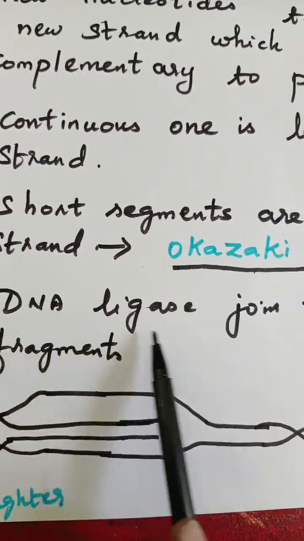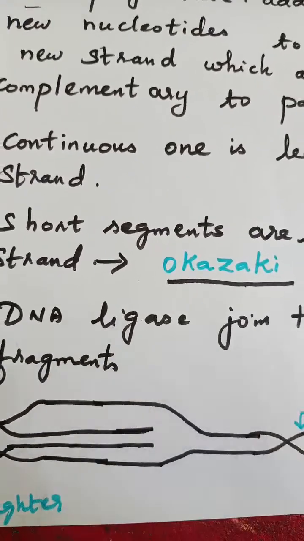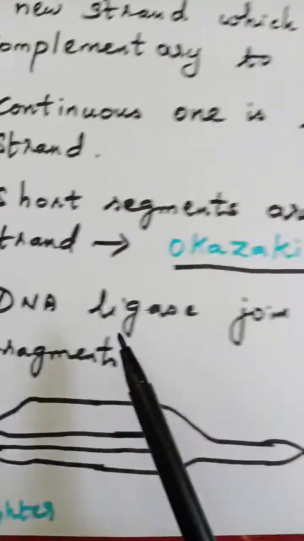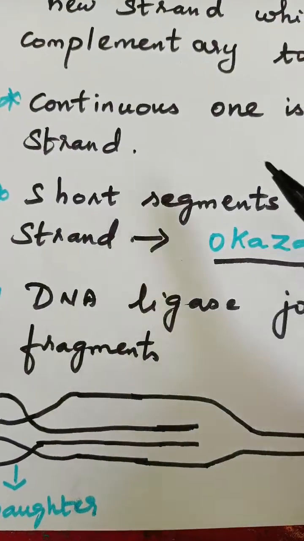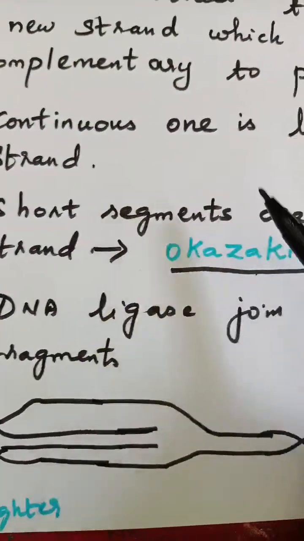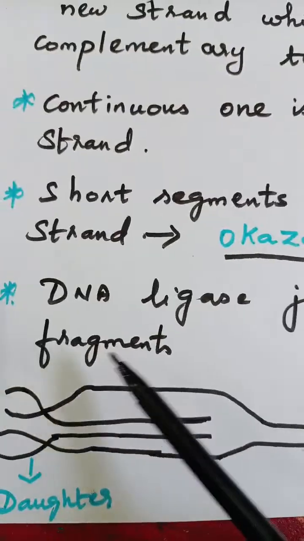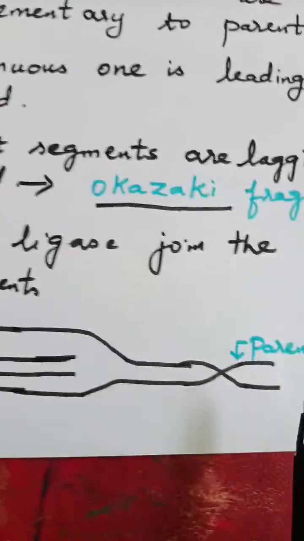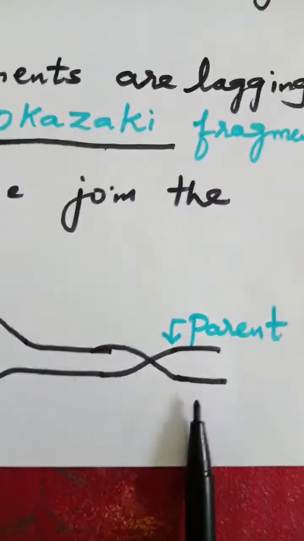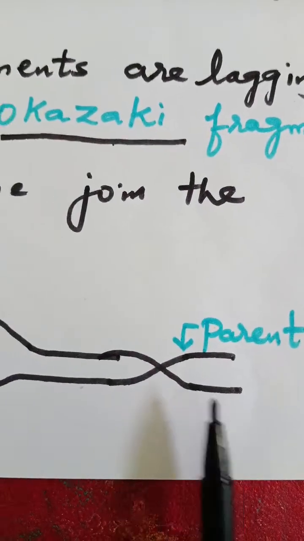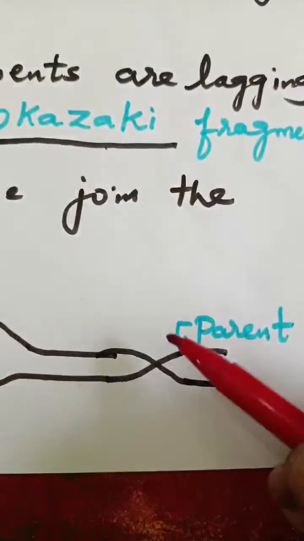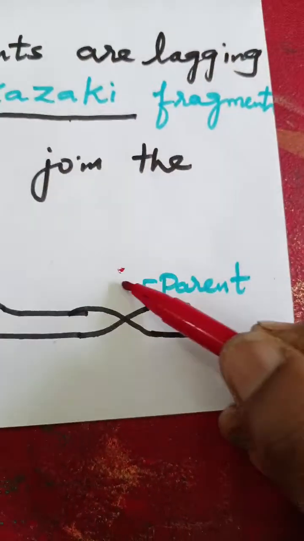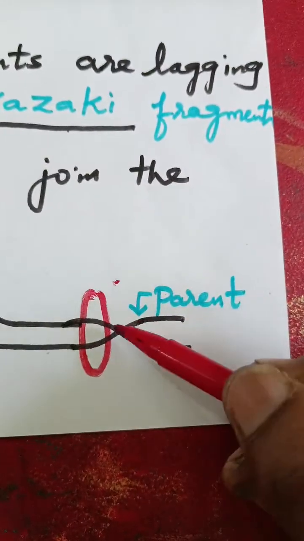So DNA ligase is an enzyme that is going to join the short fragments, which are the lagging strand. So they will join them. Finally you will get this DNA, this is the parent DNA molecule. Then the replication fork will be formed there.